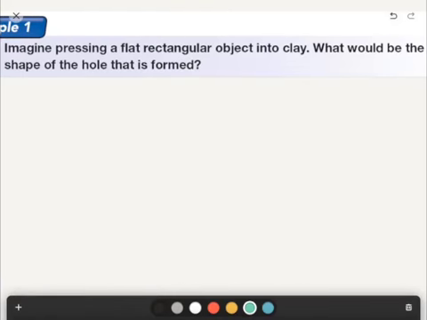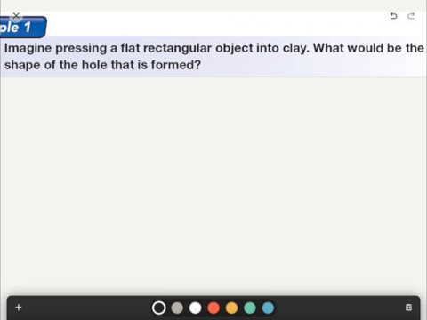All right. This is where I tried to find some kind of graphic to go with this, like some picture of someone pressing a block into clay. The internet failed me. Imagine pressing a flat rectangular object into clay. So say you had a short ruler, and you press that down into clay.